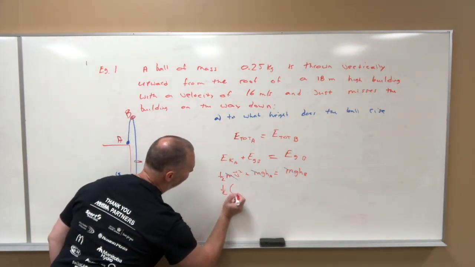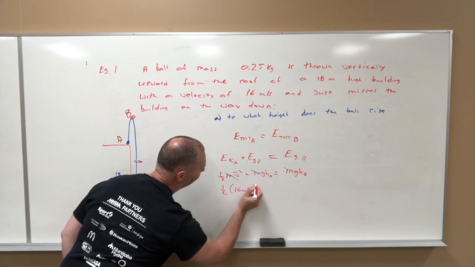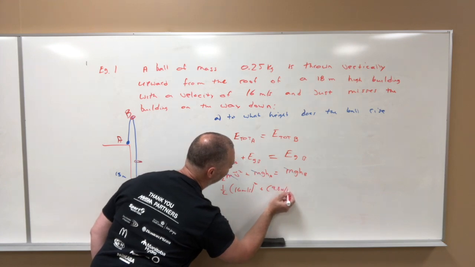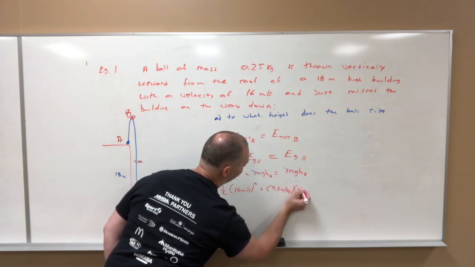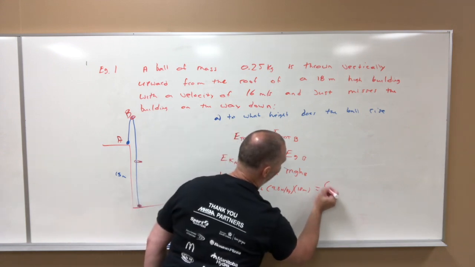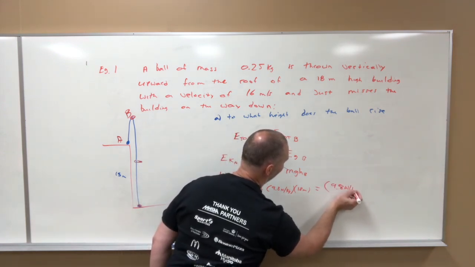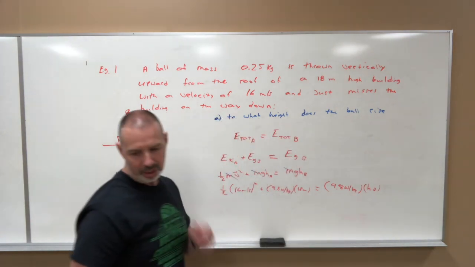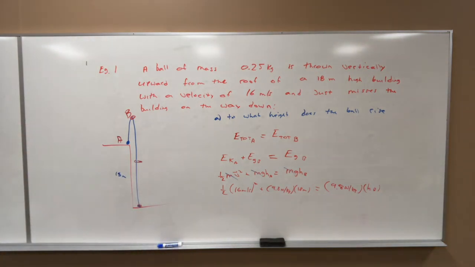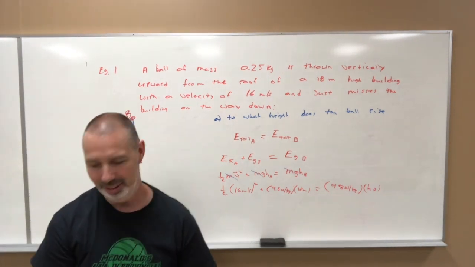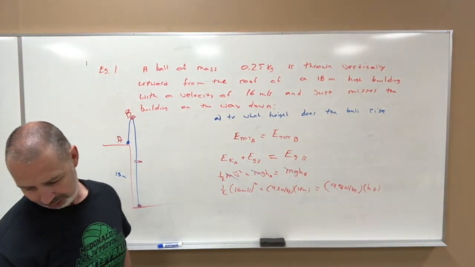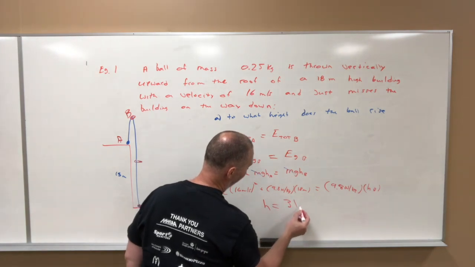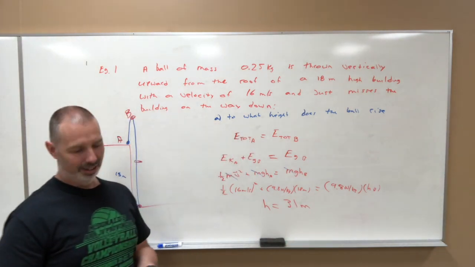We've got 1/2 times 16 squared plus 9.8 newtons per kilogram times 18 meters has to equal 9.8 newtons per kilogram times the height at B. And of course you can plug that into your calculator, and if you do so, you will get the answer of 31 meters. So h equals 31 meters.